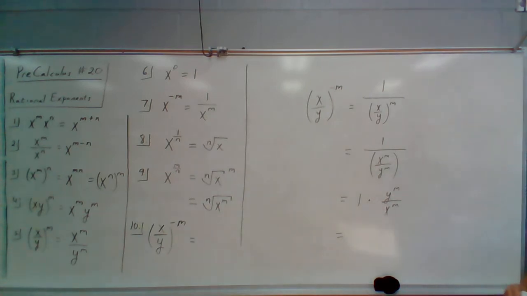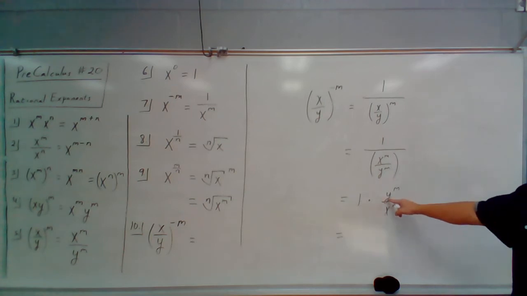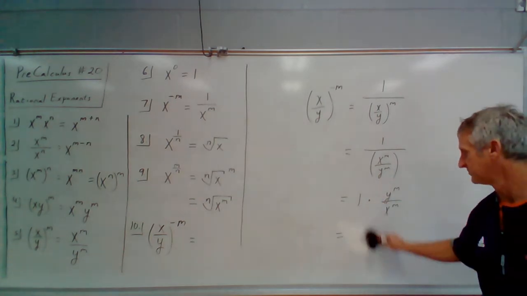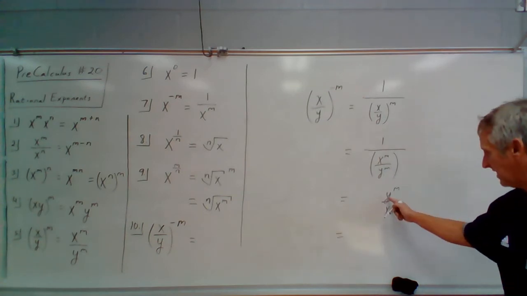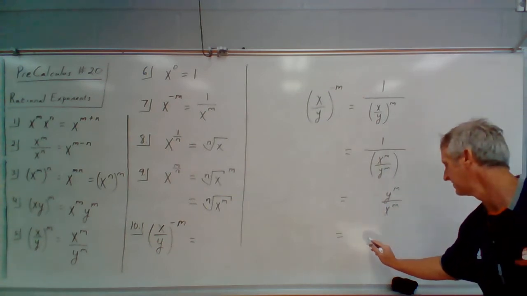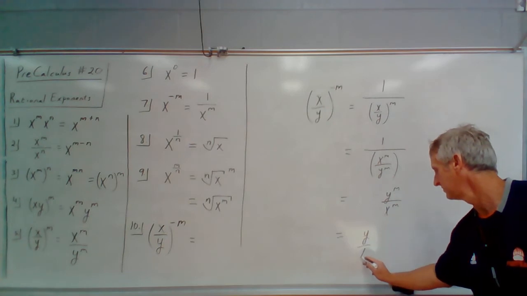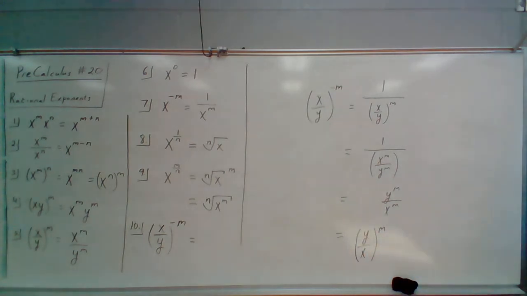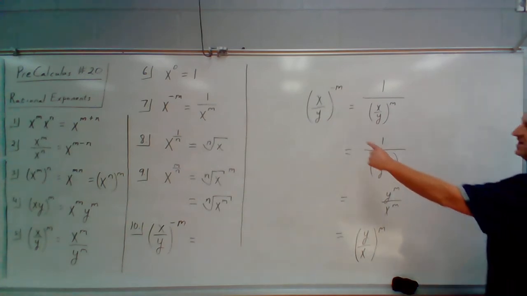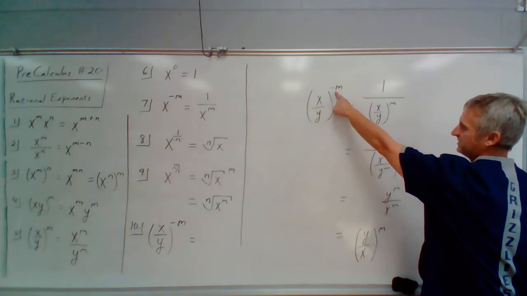But now if I do rule number 5 backwards, we can get rid of this 1 now. If I do rule number 5 backwards, I can rewrite y to the m over x to the m as y over x to the m power. Okay, so notice what happened. I had a fraction raised to a negative exponent.